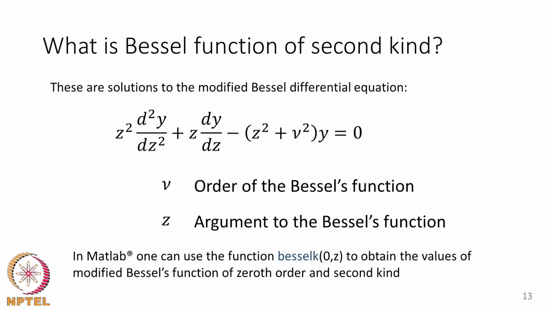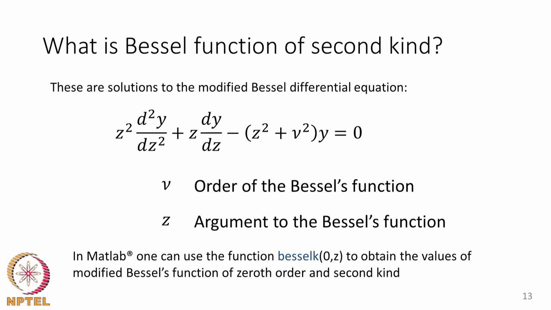What are Bessel's functions? I am just giving you a very simple explanation here. It is essentially solution to the differential equation that is written here, and we can see that there is a parameter in the differential equation, nu, which will tell you what is the order of the Bessel's function, and that is taken as 0 for the solution that is relevant for the welding situation here.